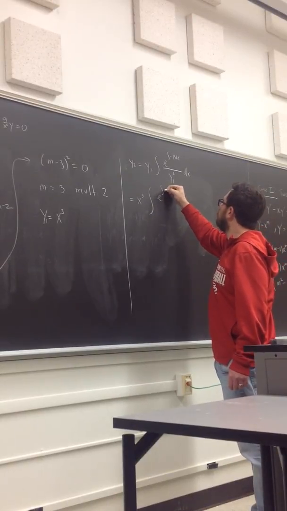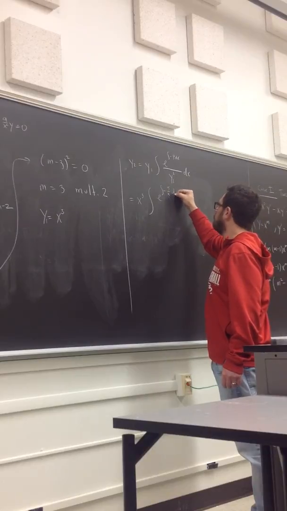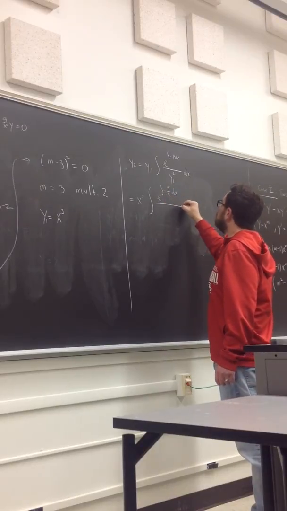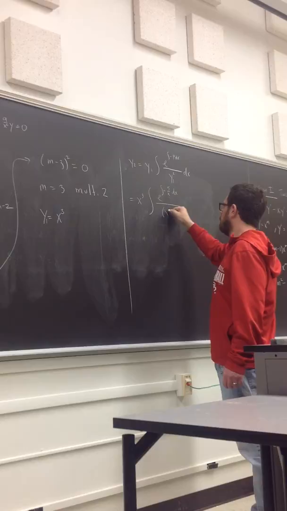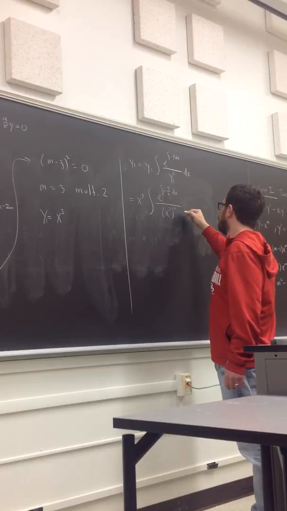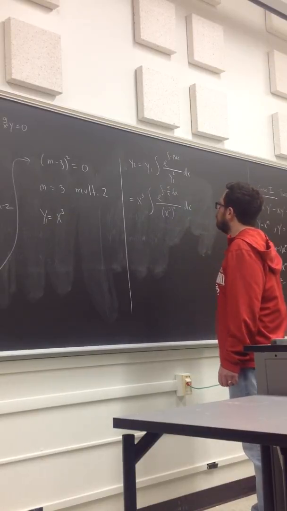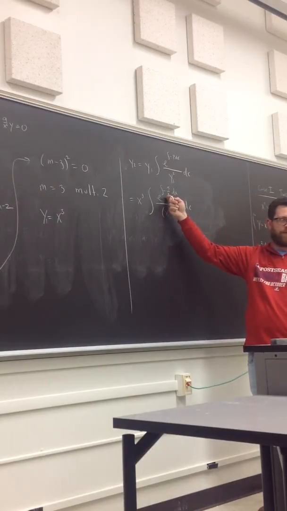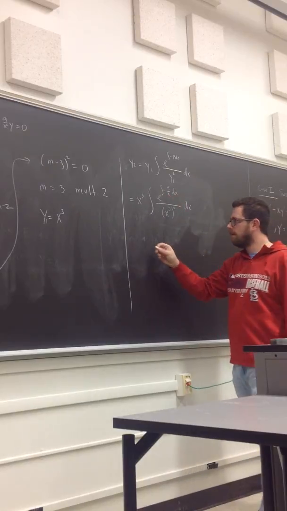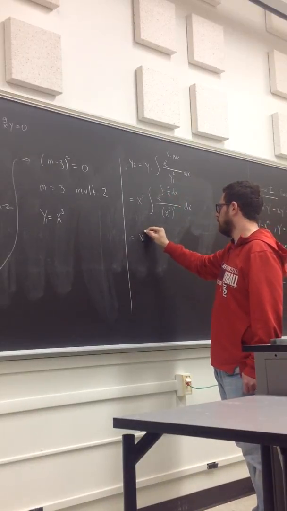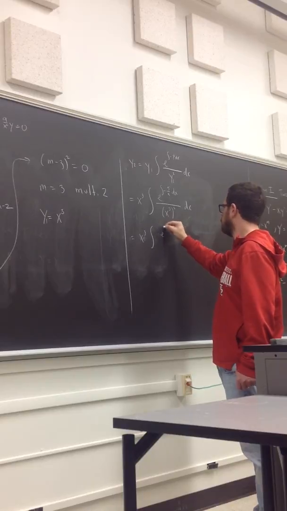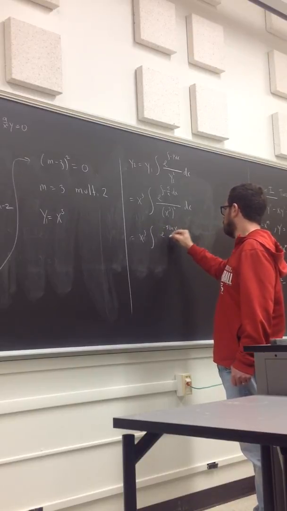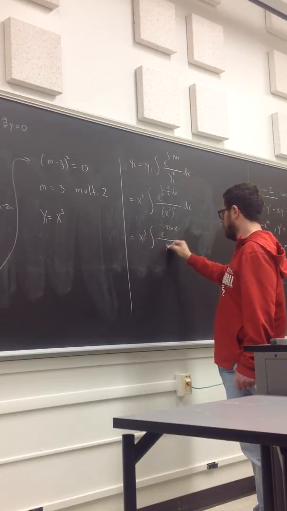e to the integral of negative 5 over x, divided by x cubed squared. So this is negative 5 log x over x to the 6th.